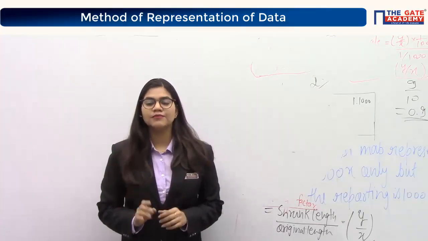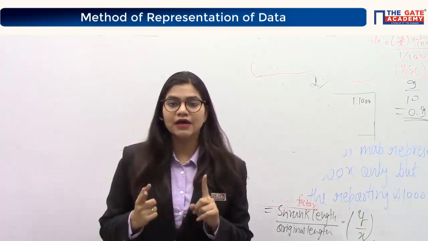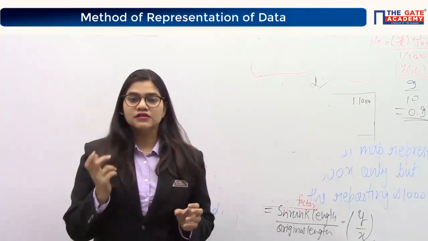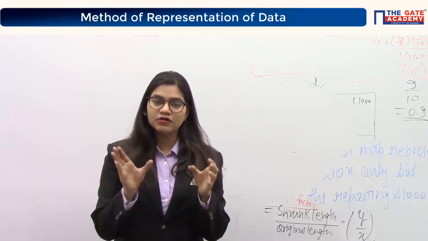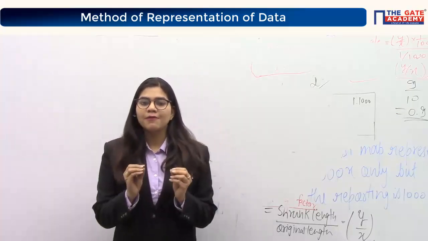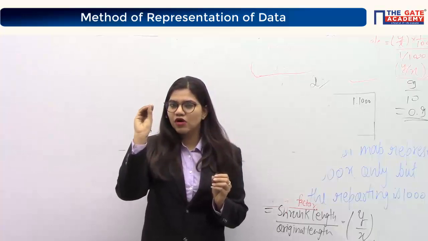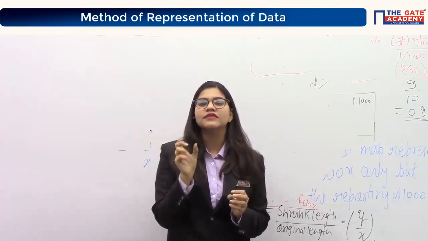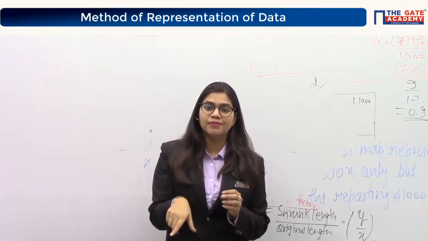Both are graphical methods of representation only. There is a difference in the scale. In a map you always represent everything, small, tiny things also you represent on the map.